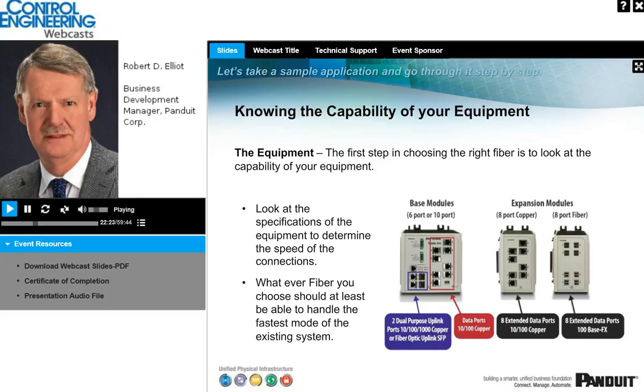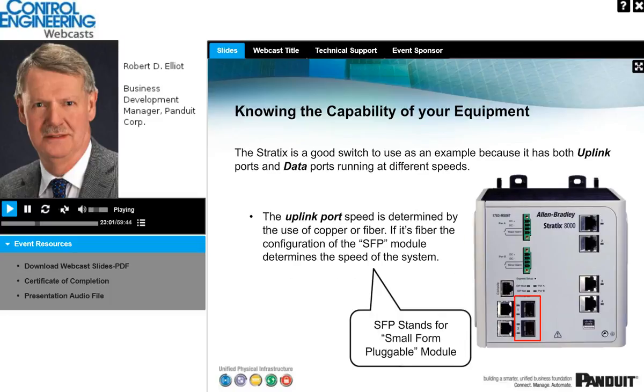Here I'm showing a Rockwell Automation Stratix type switch, and on the bottom left-hand side you'll see 4 ports. 2 of those ports are for fiber uplinks, and how that is done is using what we call an SFP module, small form factor pluggable module, that attaches into that switch, into those fiber optic ports, and fiber is attached to the rear of the SFP module that goes into that.